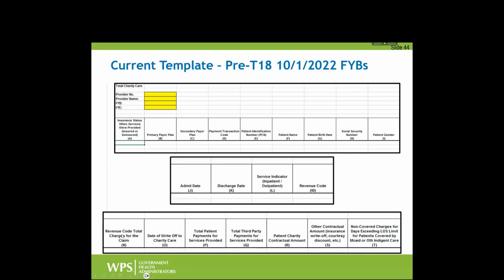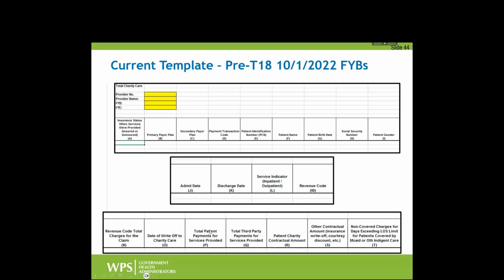Important detail, revenue code total charges for the claim, or just total charges for the claim. The idea here is that we're going to take this total charges and identify where those charges went, who paid for those charges, or were they adjusted. Now notice right in the middle of it, there's a write-off date as well. It just kind of gets in the way there, but of course it's important, just bad placement.